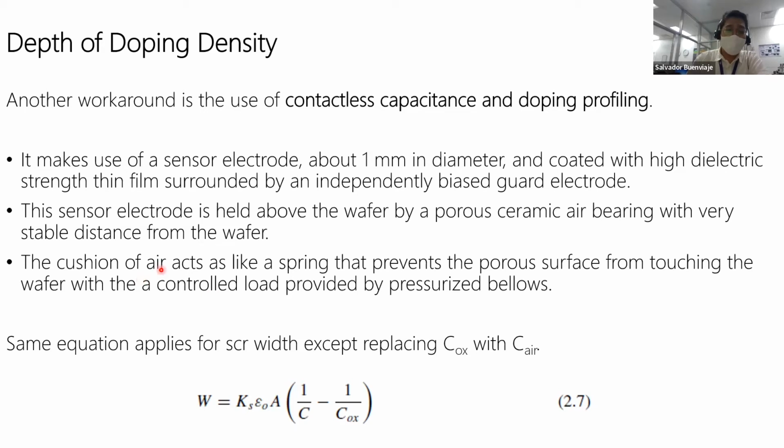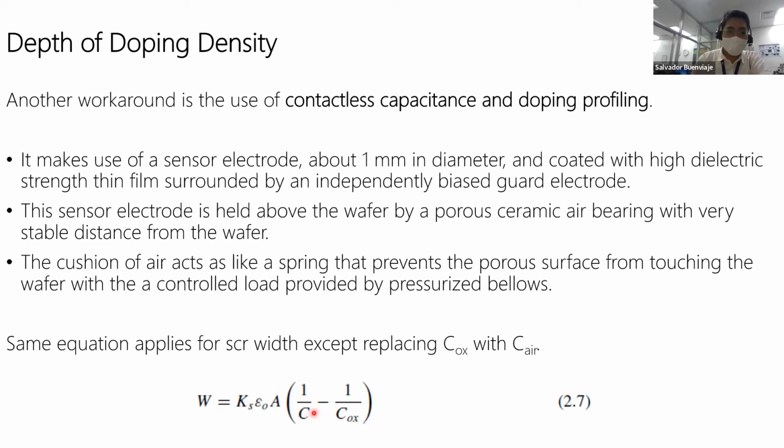This setup makes use of air as a cushion or a spring that prevents the porous surface from touching the wafer. So in this case, it will be C sub air.